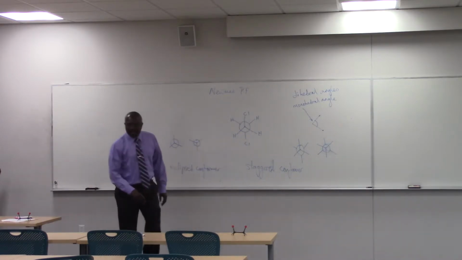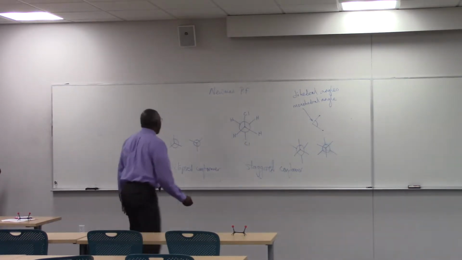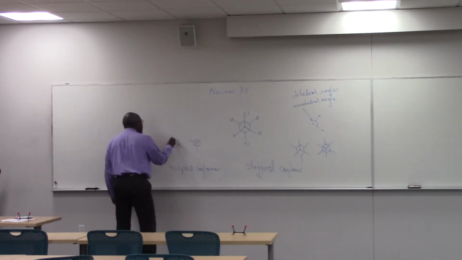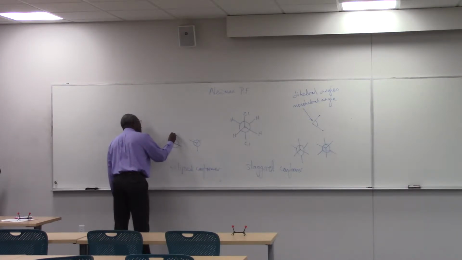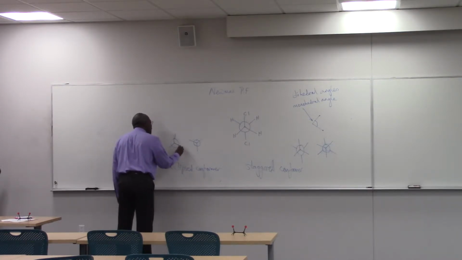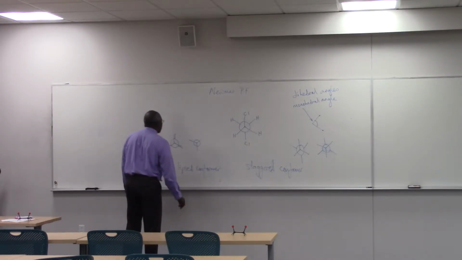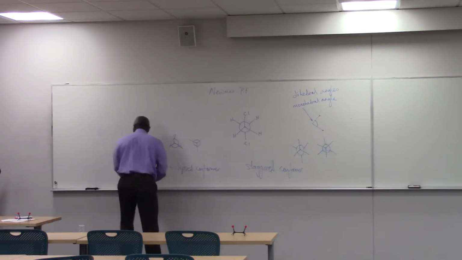So if I put my head this way, then what I'll see peeking behind here in an eclipsed conformer is a group here, and a group here. So if I twist my head this way, I see that.